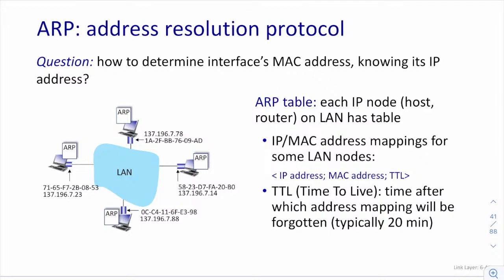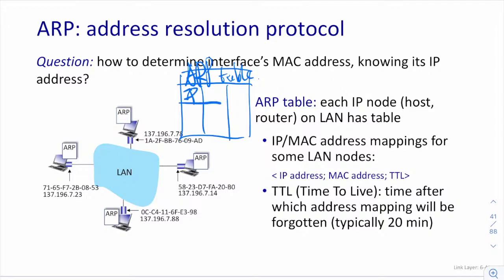Again, every node, every operating system, should maintain an ARP table. ARP stands for Address Resolution Protocol. It maintains records of the IP and its corresponding MAC address, and the TTL. TTL stands for time to live, the expiry time of this entry.